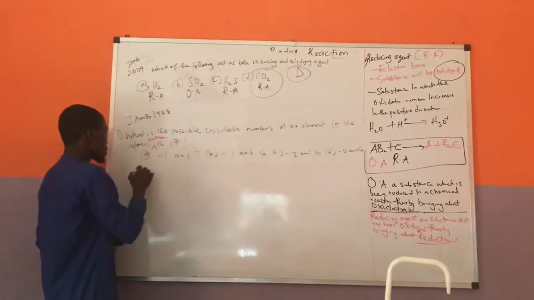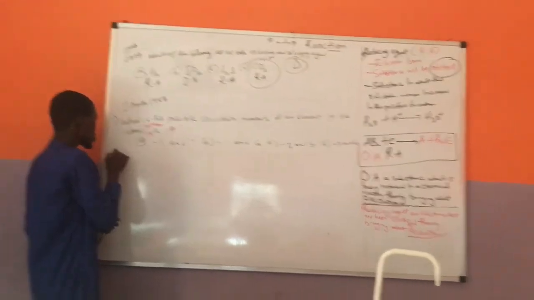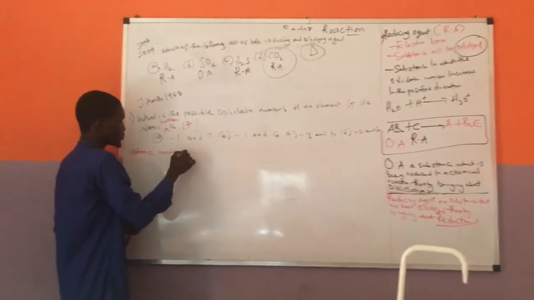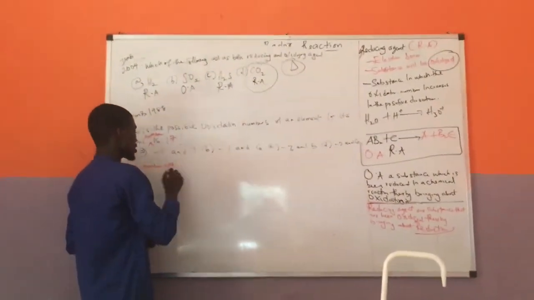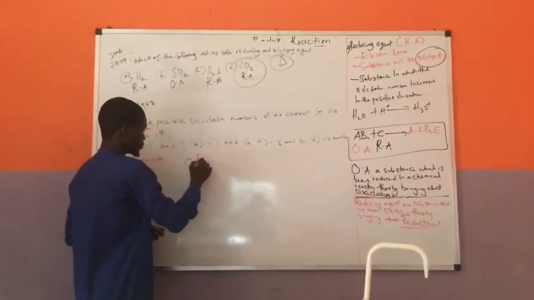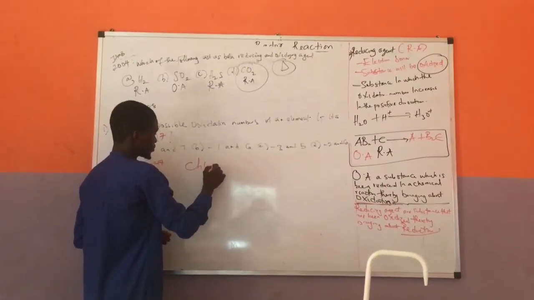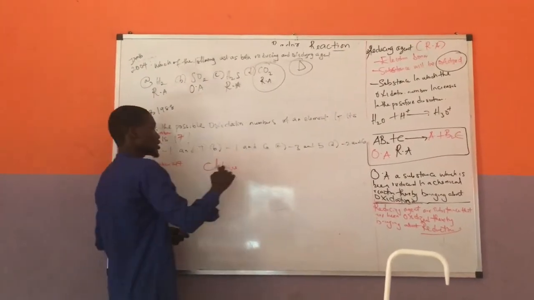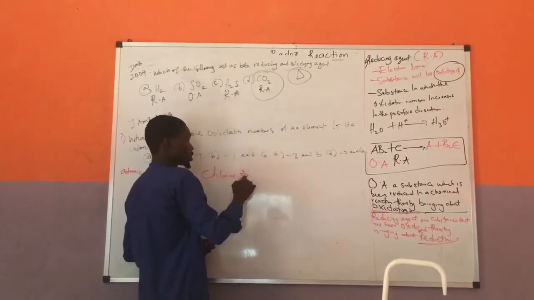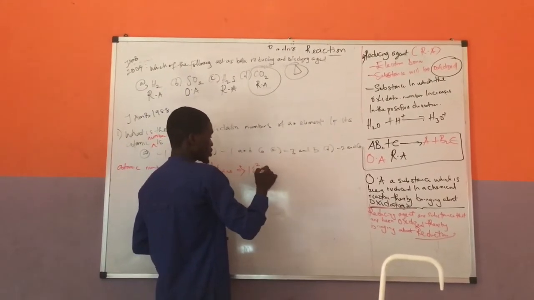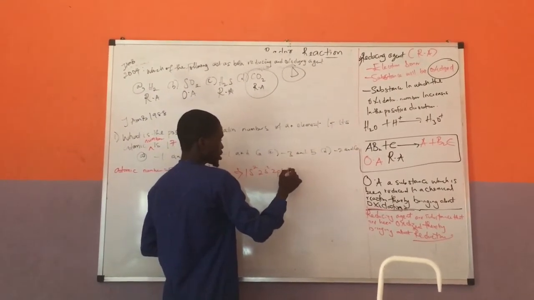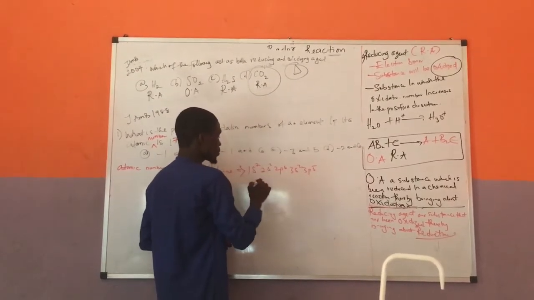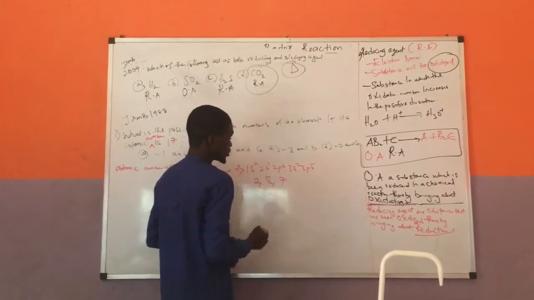Now, the element with atomic number 17 is chlorine. Are you listening now? And the electronic configuration of chlorine is 1s2, 2s2, 2p6, 3s2, 3p5. So this we have 2, 8, 7.